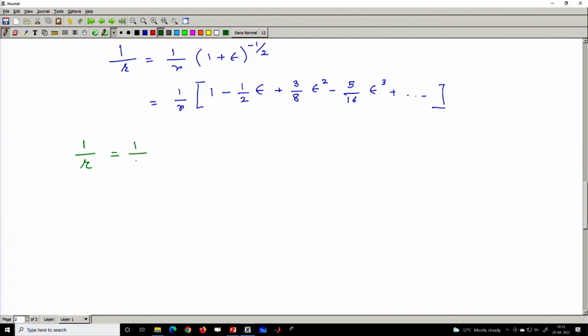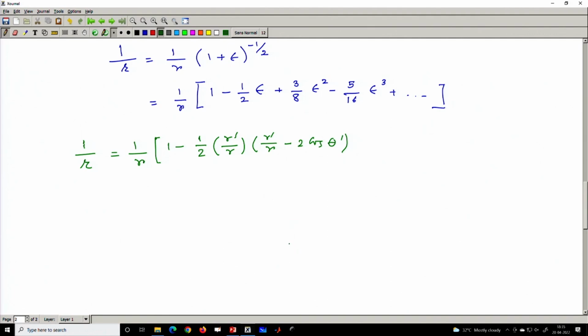So, 1 by r was my first term, and then I write 1 minus half into epsilon, and epsilon I already know, this is r prime divided by r multiplied by r prime divided by r minus 2 cos theta prime. That is my first term.